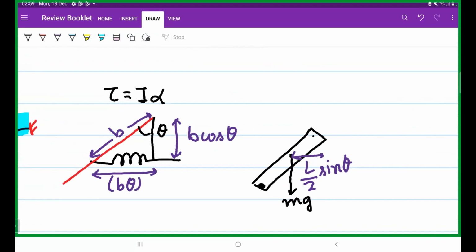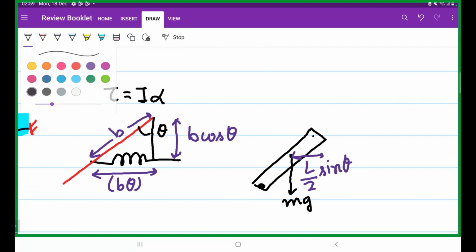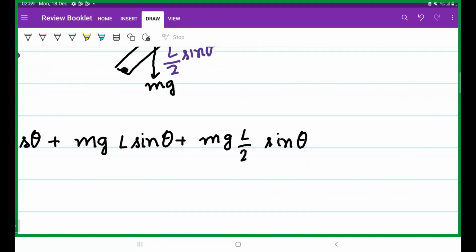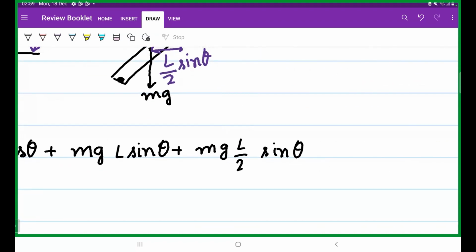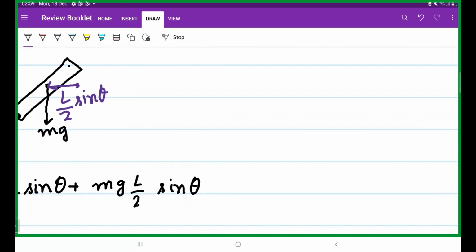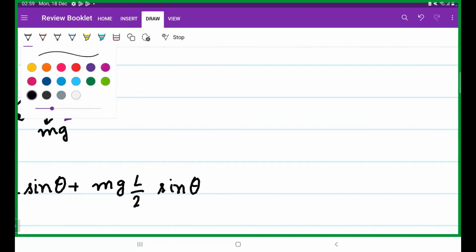You will find that all the torques are in the same direction, and I consider that direction to be positive. So this thing will be equal to I into alpha.